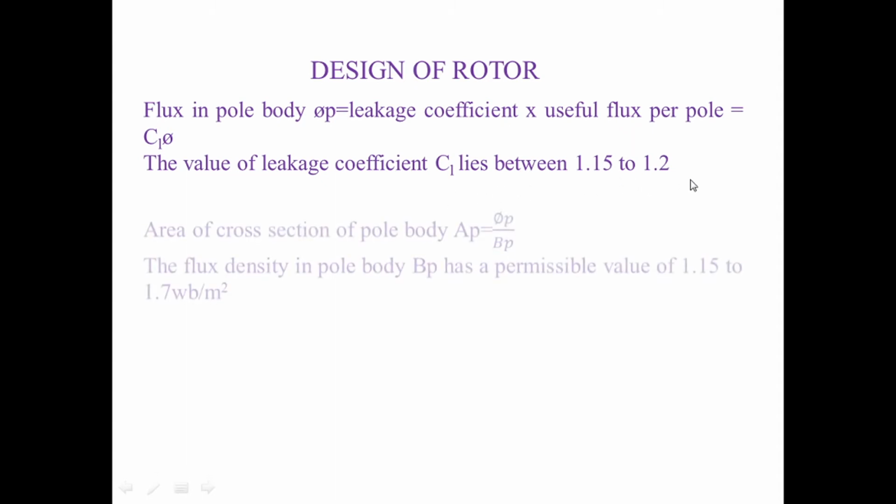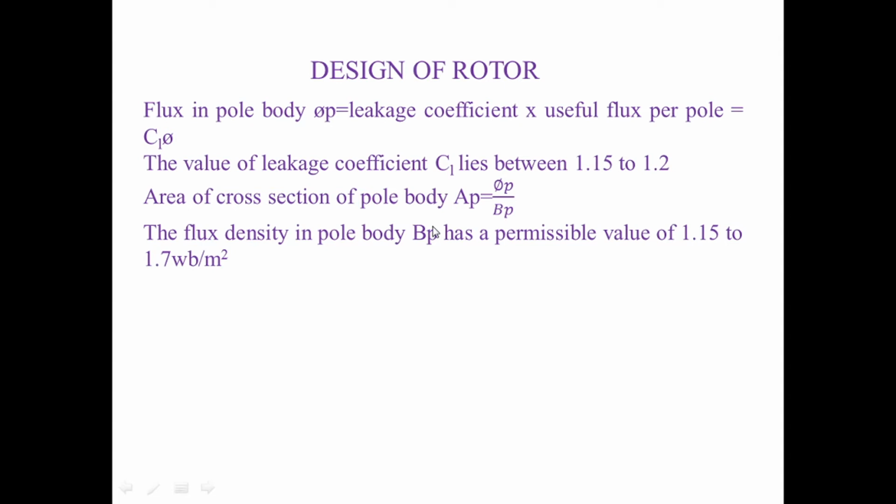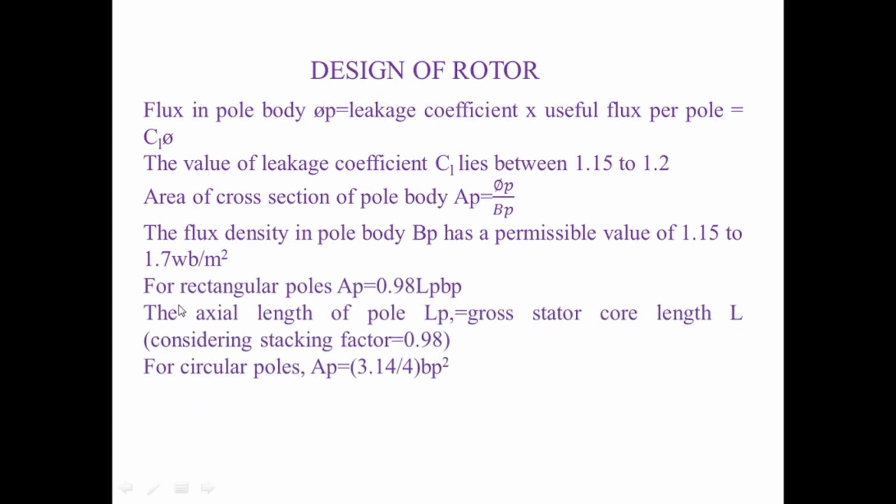So area of cross section of the pole body AP is equal to phi p divided by BP. The flux density in the pole body BP has a permissible value of 1.15 to 1.7 Weber per meter square. For rectangular pole, AP you can take as 0.98 into LP into BP.